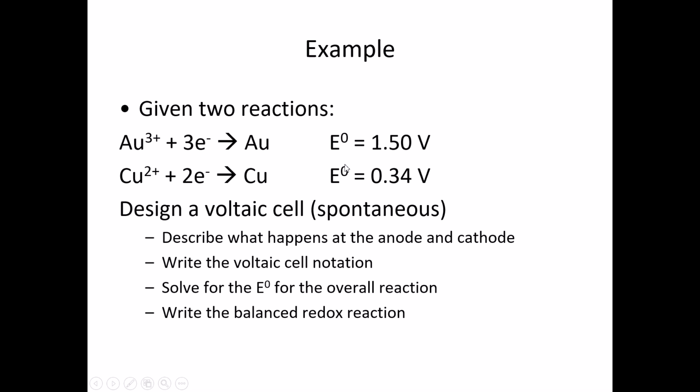All right, so that means we would have 1.5 minus 0.34 if we're doing the equation, or we would have 1.5 plus a negative 0.34 if we're doing the flipping and adding. So in this case, our gold would be our cathode as part of the reduction. Our copper would be our anode as part of the oxidation.